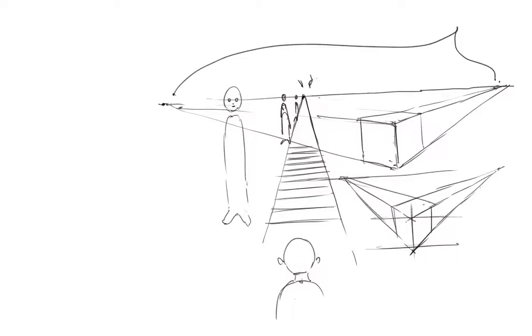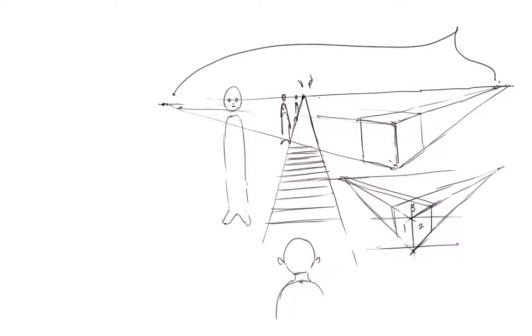And what happens is when you're looking at a cube, if the cube is at eye level, you're going to be seeing two planes. If the cube is below eye level, you're going to be seeing three planes. So here you're seeing 1, 2, 3 planes. And when you're drawing a cube, you want to take advantage of this convergence. So really, it's always essentially 3 sets of parallel lines.